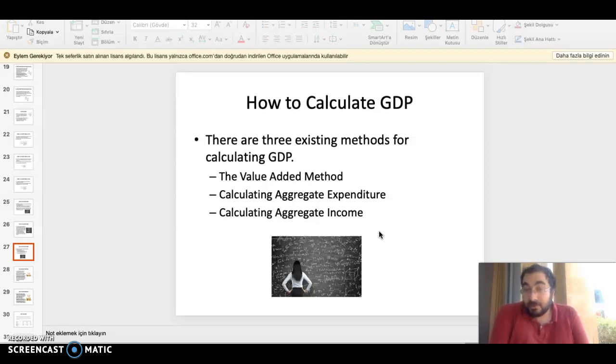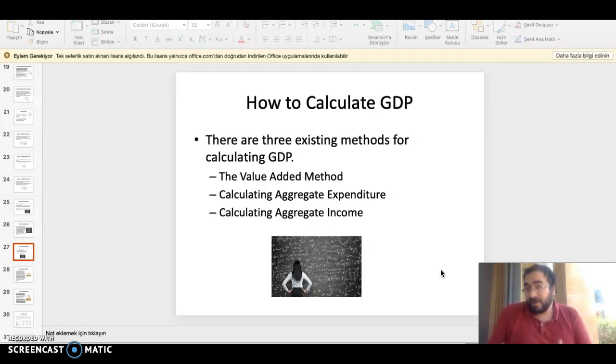So, which method is used? Basically, at least the aggregate expenditure and aggregate income methods are used together to see whether there is any mistake in calculation. Usually they are not equal, and the fact that they are not equal is explained by accounting mistakes, since the recording is not perfect, basically.